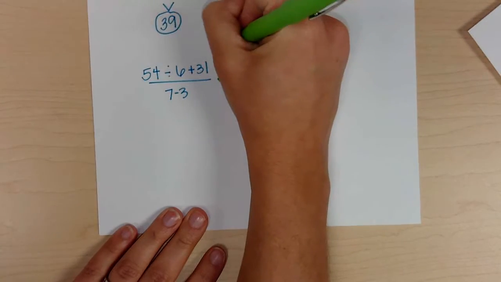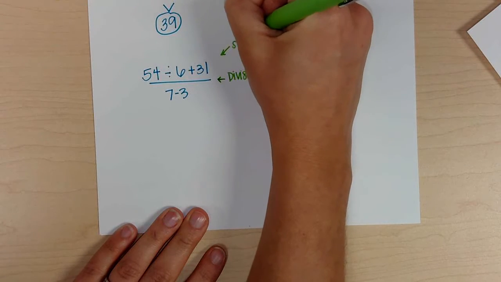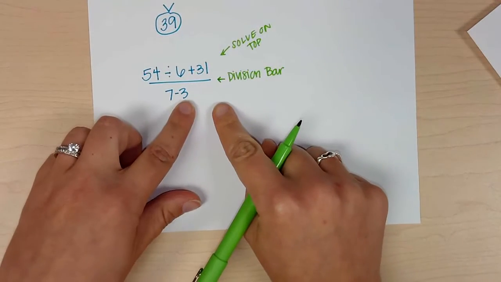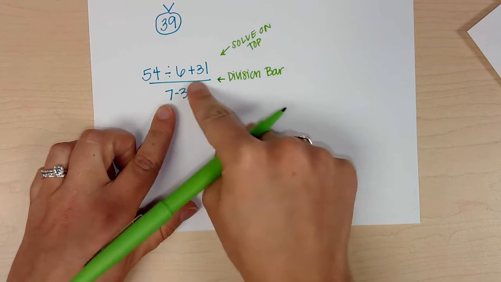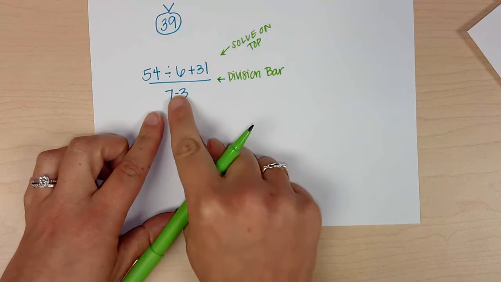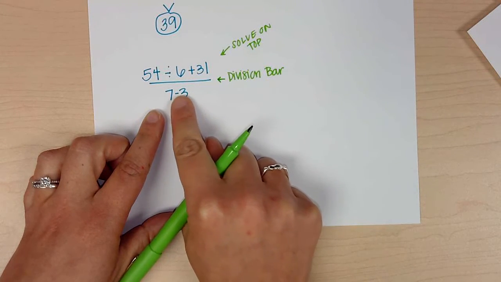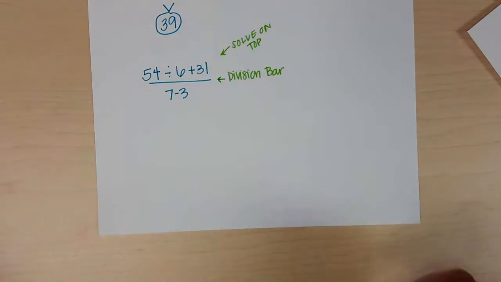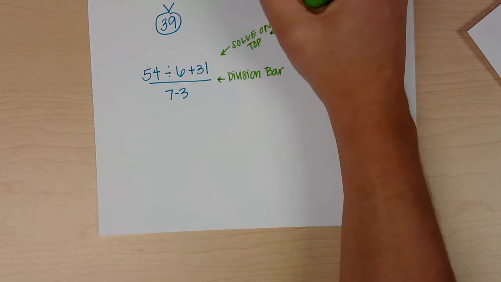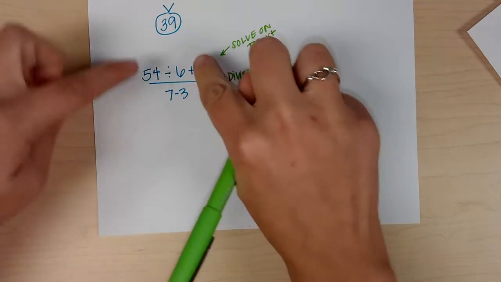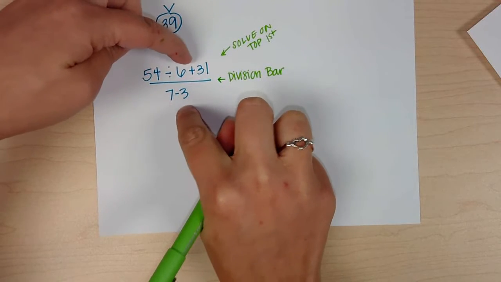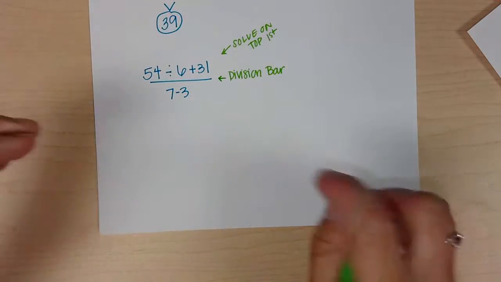I must solve everything on top and then everything on bottom before I can divide. So even though we see down here that there's subtraction, this is like there's parentheses around that 7 minus 3. So I need to solve everything on top, everything on the bottom, so I'm just left with two values, one on top, one on bottom, and then I can divide it out.